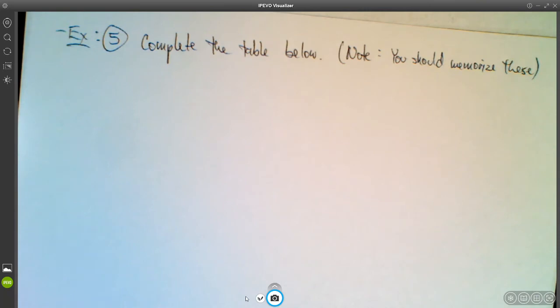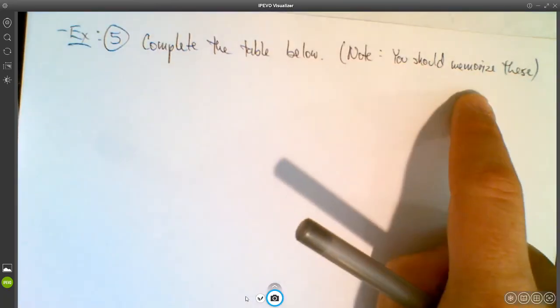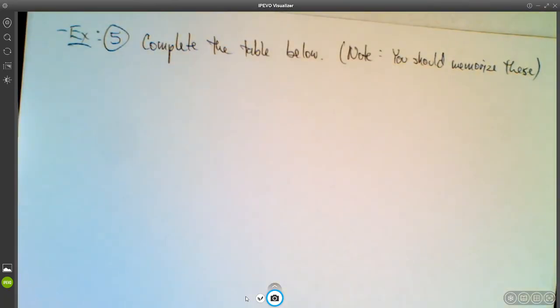Trig is a little bit different. There's a little bit more emphasis on memorization in trig, that's for sure. And so you should try to memorize these values. Of course, in an online environment, there's no way for me to know whether or not you've memorized the values, but just trust me that it's going to make calculus a lot easier if you have these values memorized, okay? So try to memorize the following values.